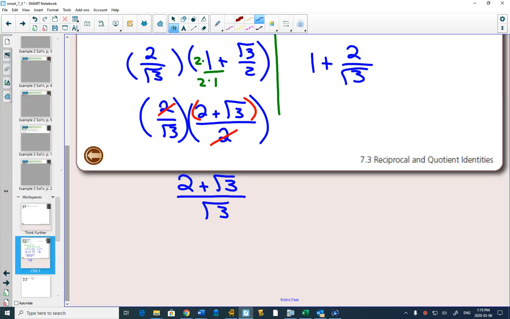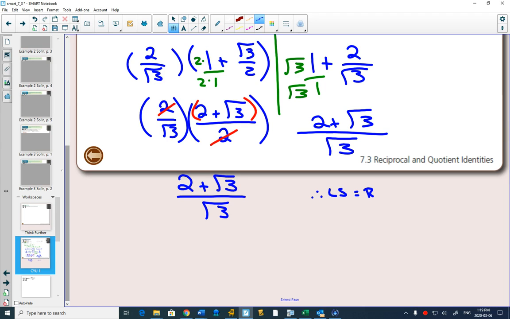What would my common denominator be? Square root of 3. Now I have a common denominator. It'll be over the square root of 3. Add the tops. Root 3 plus 2. Are you okay if I write 2 plus root 3? Just so it really looks the same. Therefore, the left side equals the right side. And we're all done. Ooh, I don't like my shading on that one as much as normal.